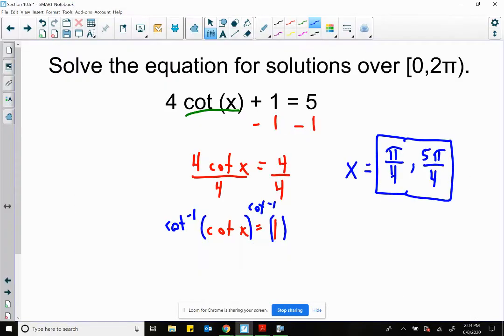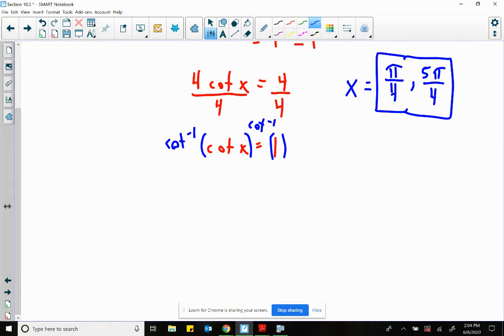With that being said, remember that there are 2 places where, in this case, cotangent is positive. So that's what you've got to think about here. Let me explain why this has 2 answers. Remember, we've got that phrasing, all students take calculus.